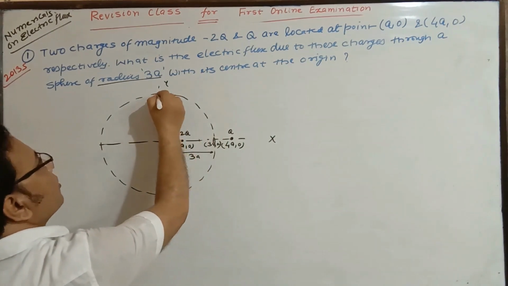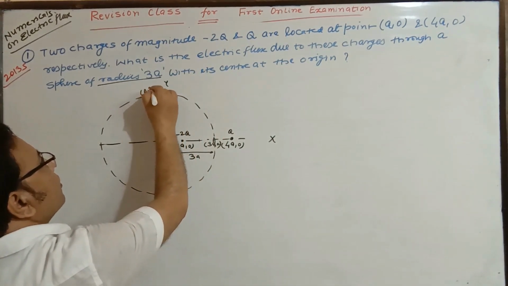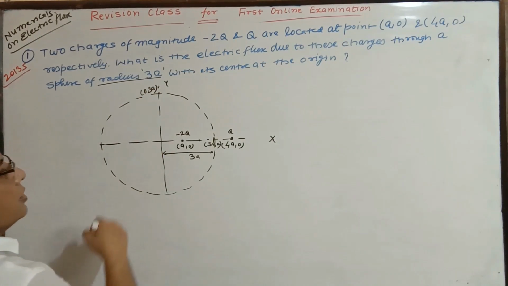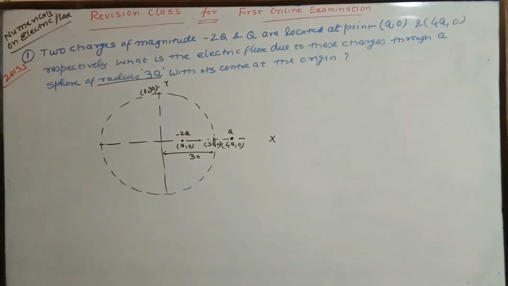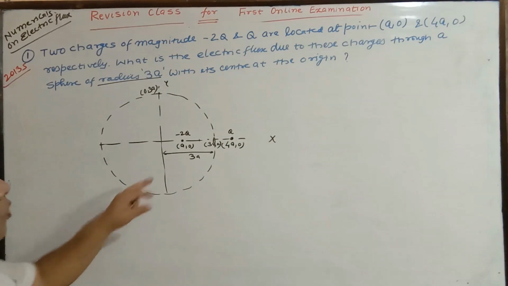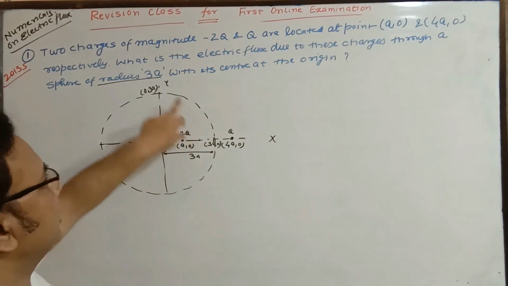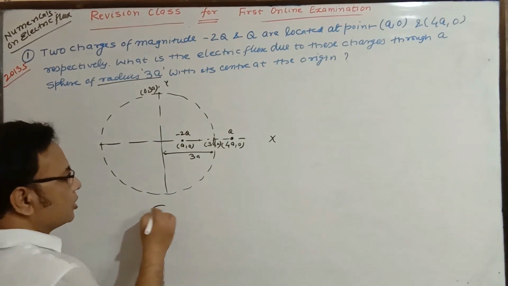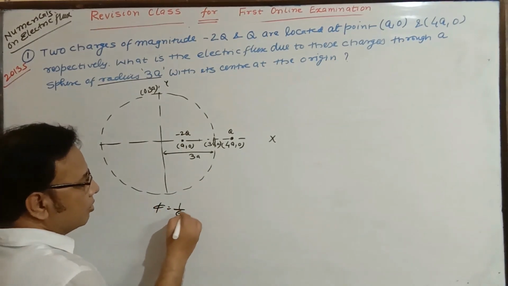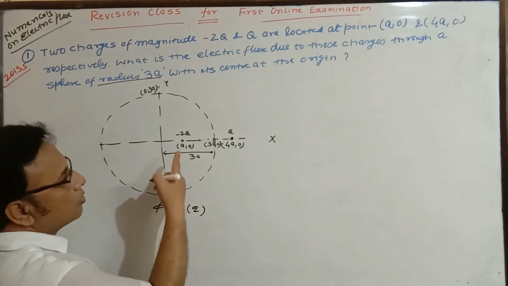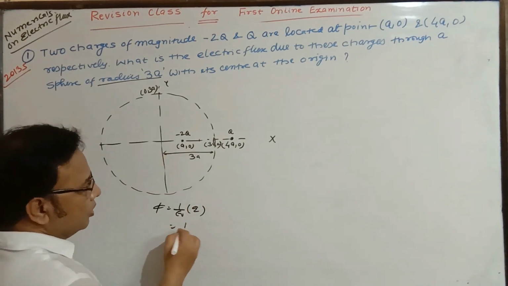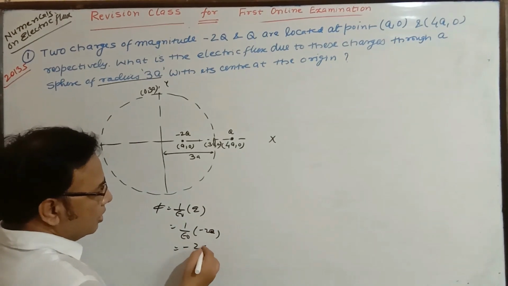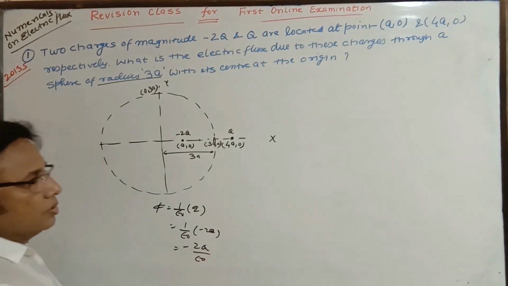Here, what you see is that only the charge minus 2q is enclosed in this particular sphere. And you know, as per Gauss's law, phi is 1 by epsilon naught times charge enclosed. What is the amount of charge enclosed? Only minus 2q. So phi is 1 by epsilon naught times minus 2q. This is the answer to this particular question.